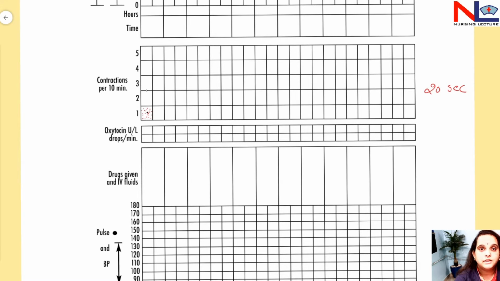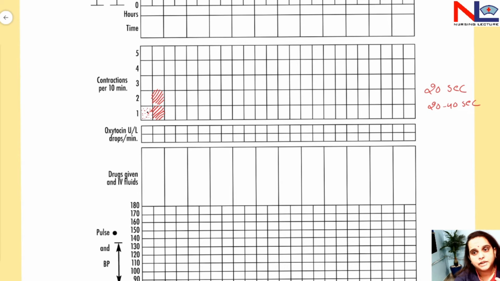And if you feel the moderate type, it means the contraction or the hardness persists for about 20 to 40 seconds. In that condition, you can write it here as moderate type of contraction. For the moderate contraction, you need to draw a slant line.